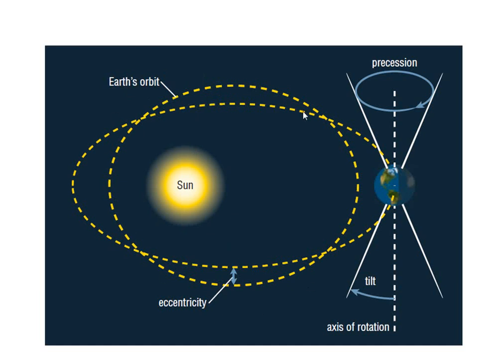It changed once every about 100,000 years. So this explains the climate change of the cycle, the period of about 100,000 years, right? The orbit changes. Okay, the Earth's orbit changes.